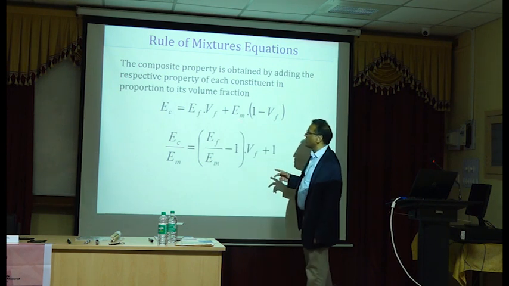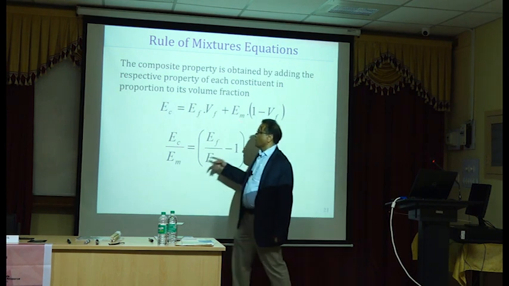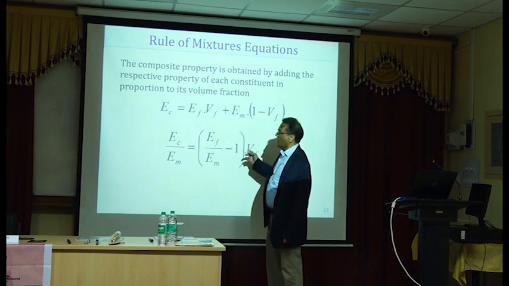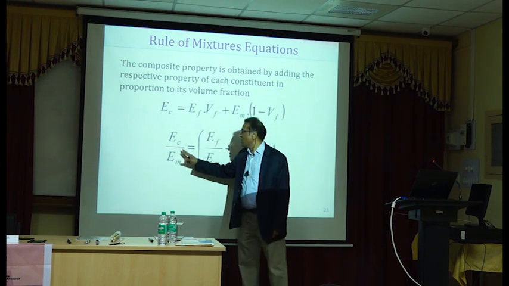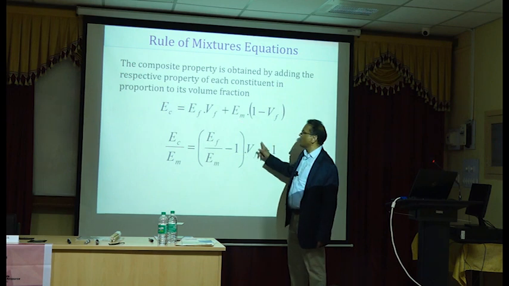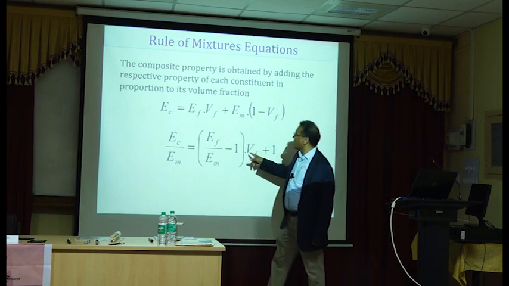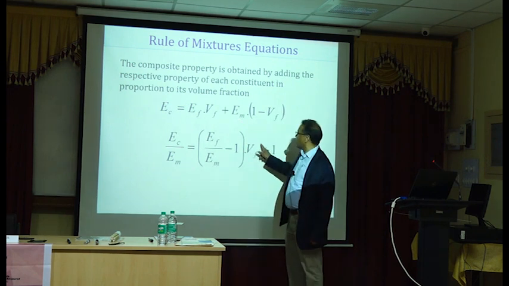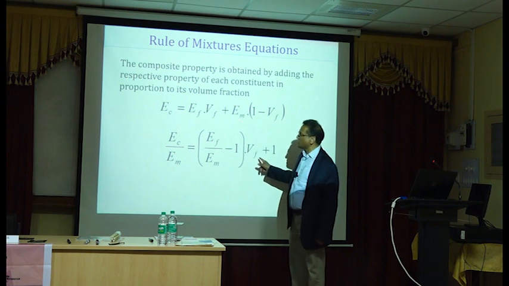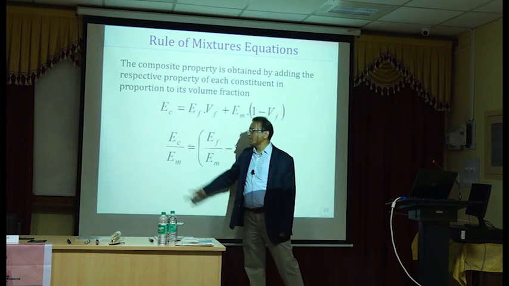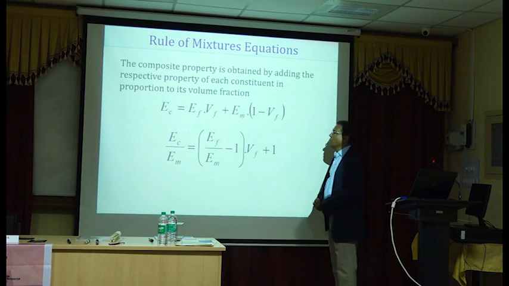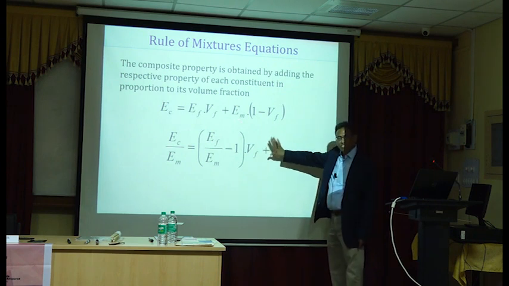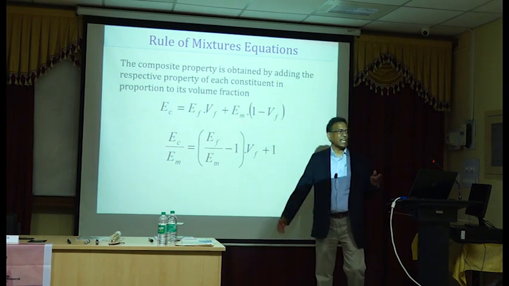Now I don't know what my VF is. If I know EM, I can find out VF. If I want to limit my VF to 50%, I have to use a stronger material and make this simple equation work. That's what design is, right?